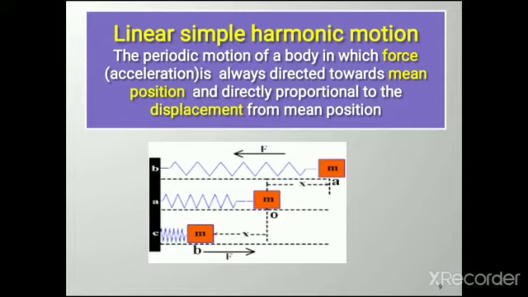Force is directed towards mean position, which means that force is opposite to displacement. Also, force is directly proportional to displacement. If a motion satisfies these two conditions, then it is called linear simple harmonic motion.